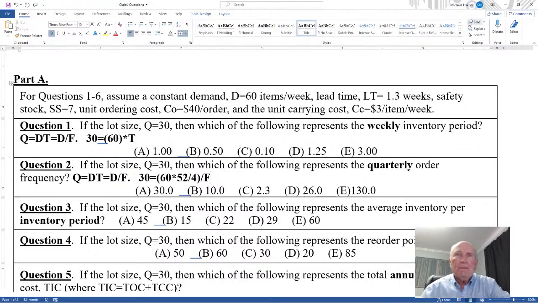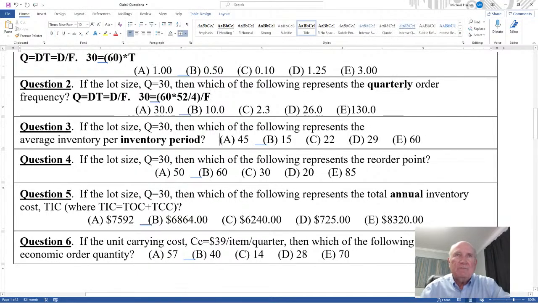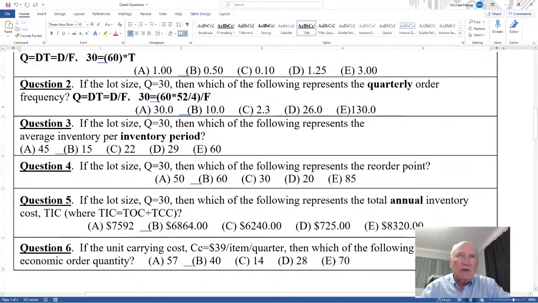Okay. Next is the lot size is 30, then which of the following represents the average inventory per inventory period. Okay, so again, read the questions very carefully. It is easy to solve the wrong problem if you don't read it carefully. So first of all, let's highlight this. We want average inventory per inventory period. Okay.